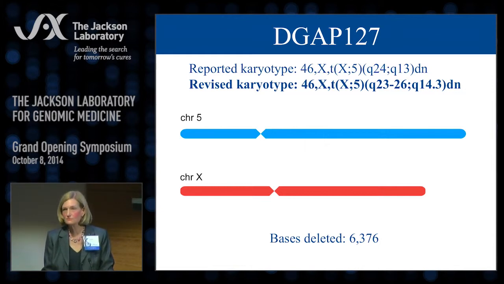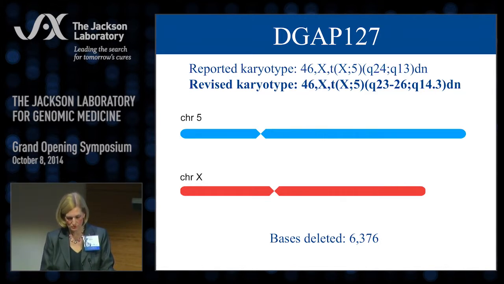And because these rearrangements are often more complex than we thought, it also adds some difficulty in trying to call the breakpoint. In this particular case, there was about 6 kb deleted out of all the 11 rearrangements.